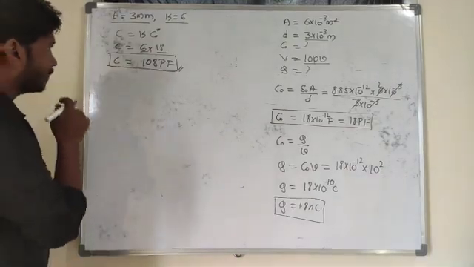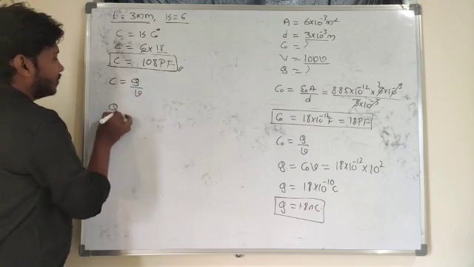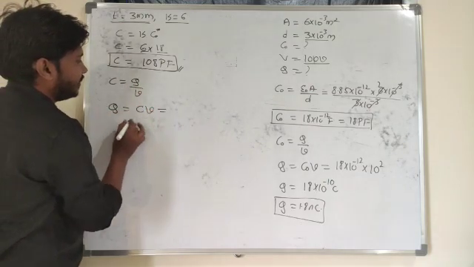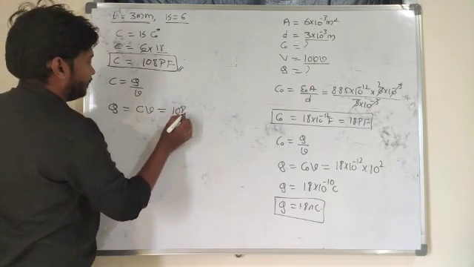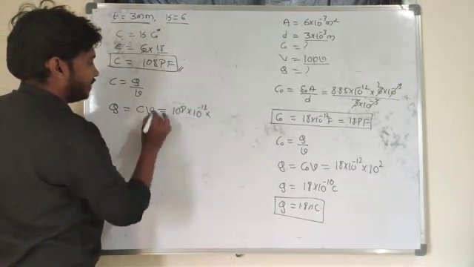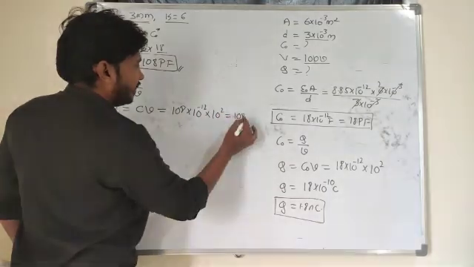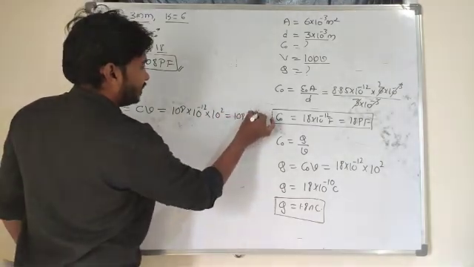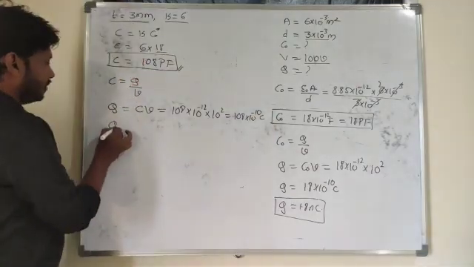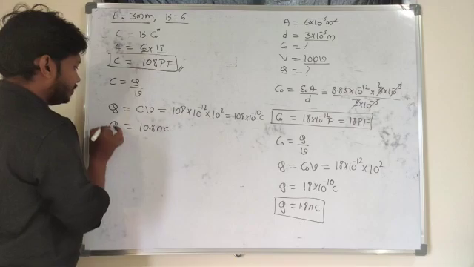So charge means what? So C is equal to Q by V. Q is equal to what? C into V here. 108 into 10 to the power of minus 12 into V, which is 10 to the power of 2. 108 into 10 to the power of minus 10 Coulomb, or Q is equal to 10.8 nano Coulomb here.